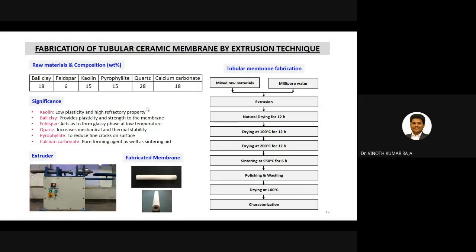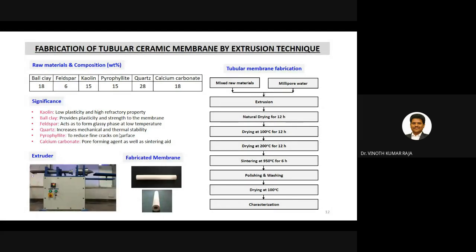The choice of raw materials and their relative composition is very important to achieve a defect-free membrane. So we selected several locally available materials, as listed here, to fabricate a low-cost membrane.